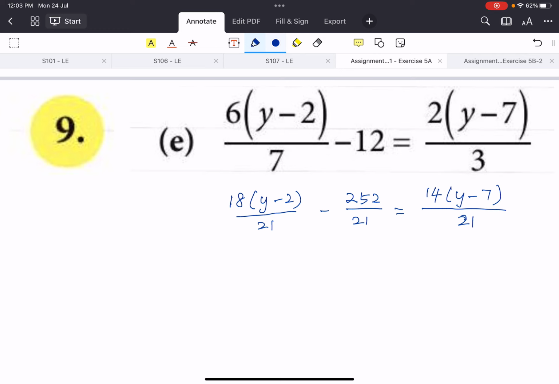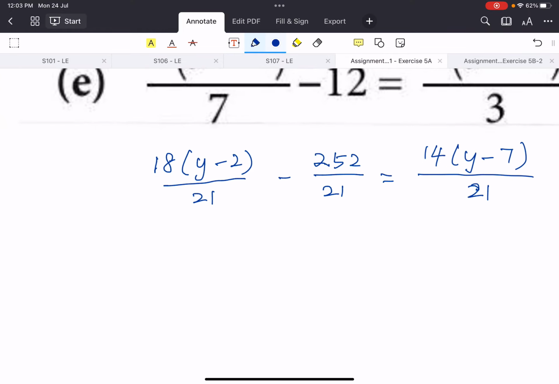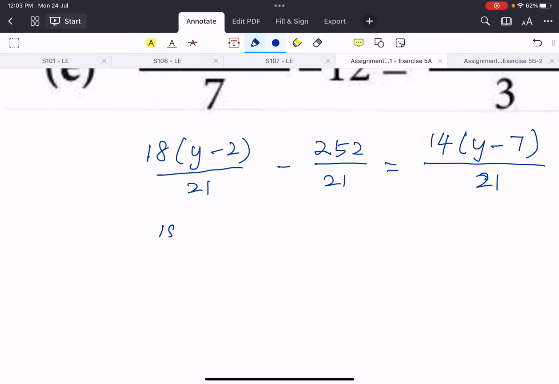21. So multiply by 21 throughout. I can do that. At the same time, I would like to also expand. Let me zoom in a little. So I have 18y minus 36 minus 252 equals 14y minus 7 times 14 is 98, right?